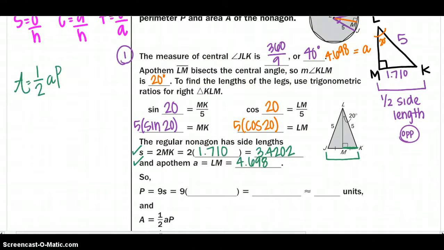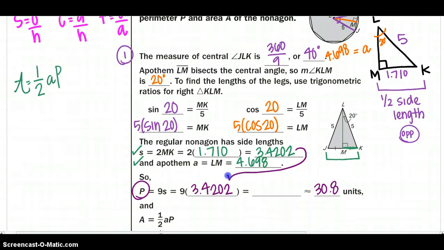After you find your apothem and your side length, you can go ahead and find your perimeter, because we know that we have 9 sides and each side is 3.4202. So we can say our perimeter is approximately 30.8 units.